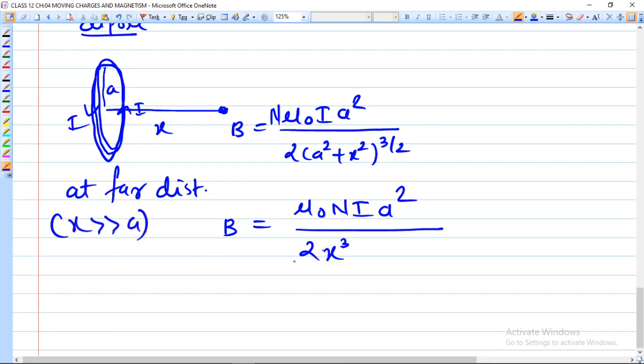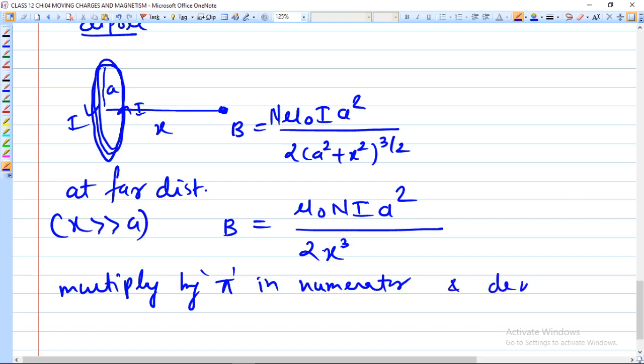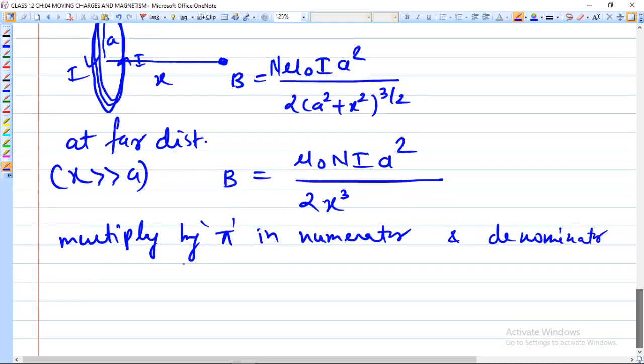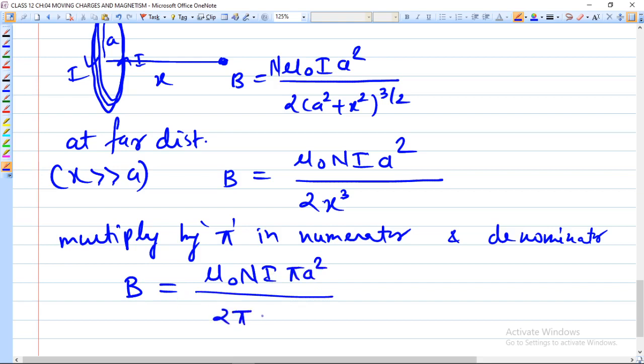Now just multiply by pi in numerator and denominator. Why am I multiplying by pi? So mu 0 N I pi a square, pi into radius square, divided by 2 pi x cube.